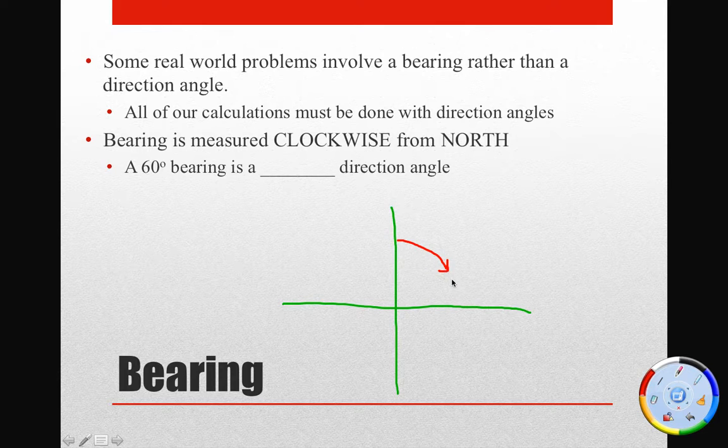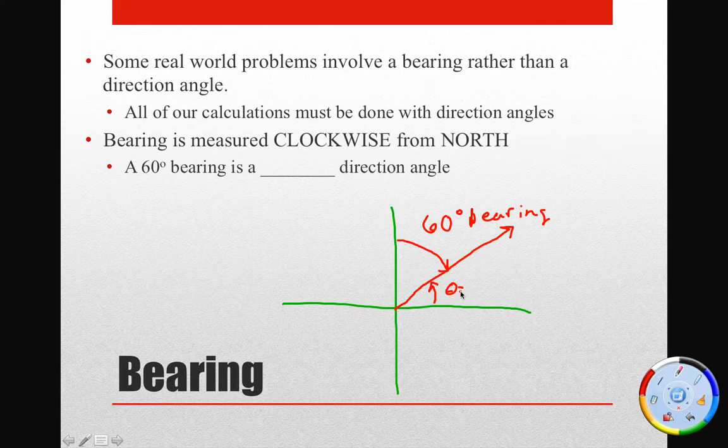So a 60-degree bearing looks like this. Let's say there's a plane out here flying at a 60-degree bearing. When we do the math involved, for the most part we don't use the 60 degrees. What we do is we say this is the direction angle.